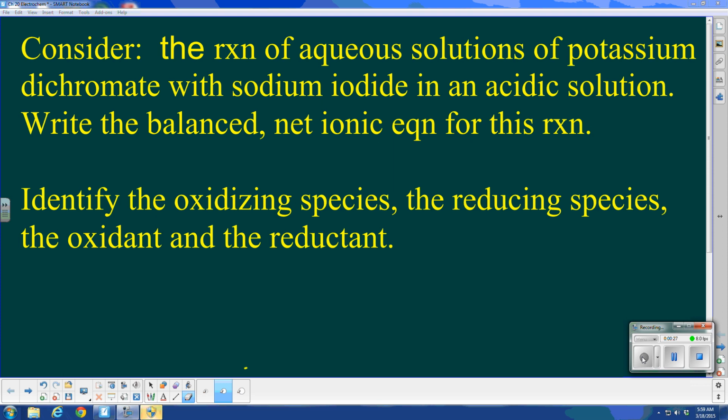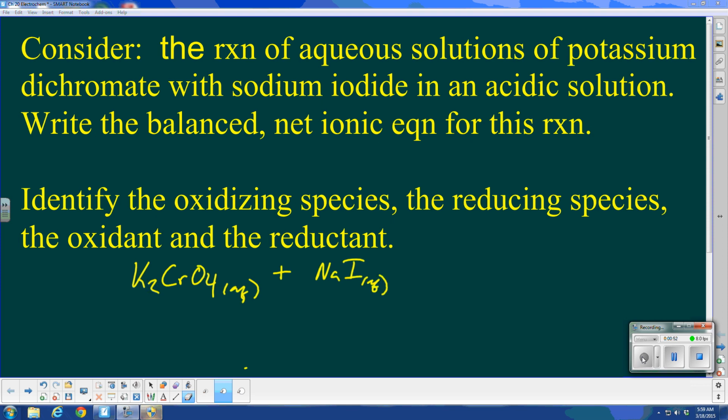Ooh, mamma mia. Okay, so I have potassium dichromate with sodium iodide. Let's see if we can do that. So potassium dichromate, I have K2Cr2O7, right? These are solutions, so aqueous, plus sodium iodide, aqueous.